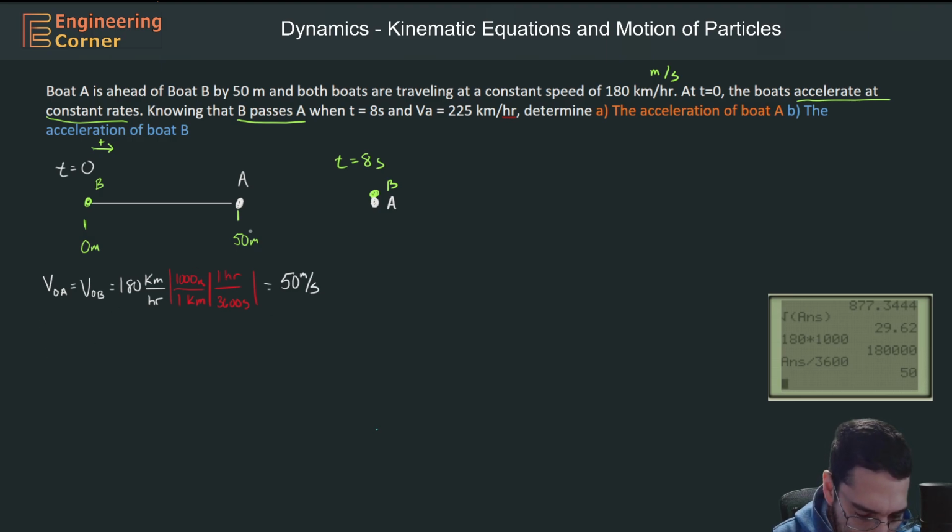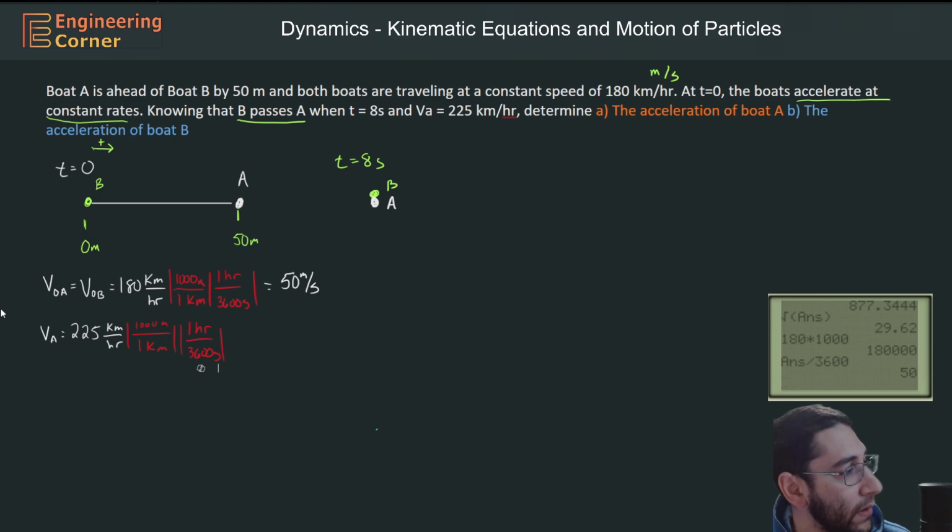Okay, so then we know that the final velocity of A is equal to 225 kilometers per hour. Again, we're going to do the same thing. We're going to multiply it by 1,000 meters in 1 kilometer, and we're going to say 1 hour is 3,600 seconds.